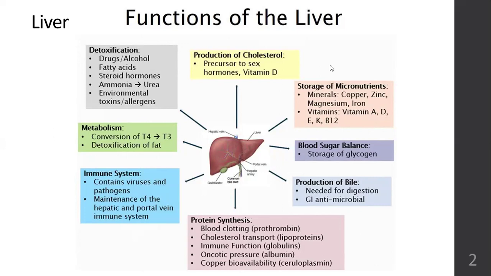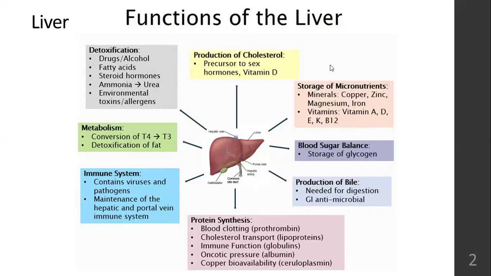Drugs, alcohol, any medication that you have taken, fatty acids, steroid hormones, ammonia, which is converted into urea and removed from the system. Any environmental toxins, allergens that have entered your system, to get them out, the liver will detoxify the blood that comes into the liver, the blood that carries these drugs, alcohol, fatty acids, toxins. The blood will get purified in the liver.